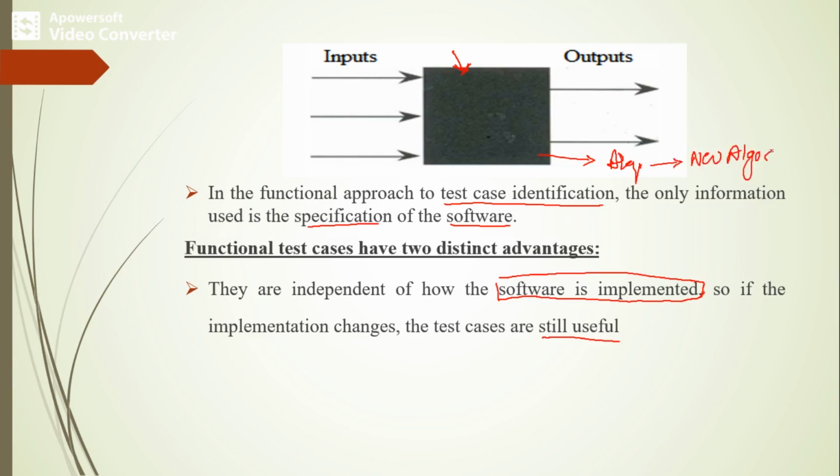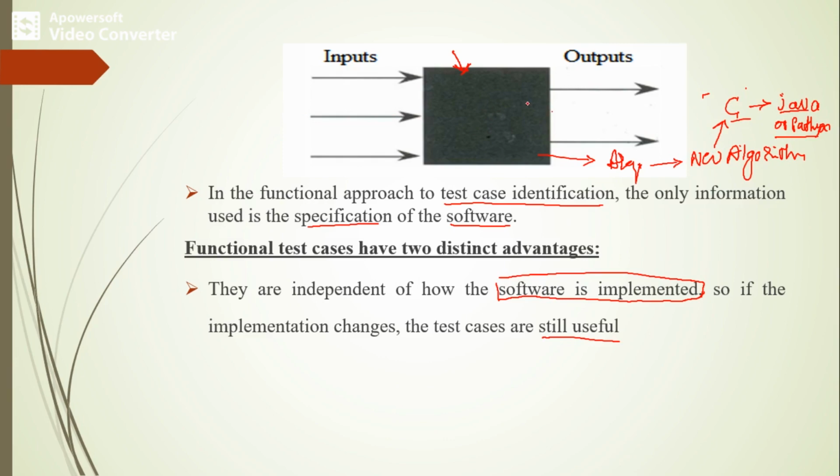The implementation has changed from this algorithm to that algorithm. Or maybe first you used C programming and then jumped directly to Java or Python. You may use any implementation, and this implementation part may get updated or changed, but still our test cases will remain the same. The same test cases can be applicable for this system.